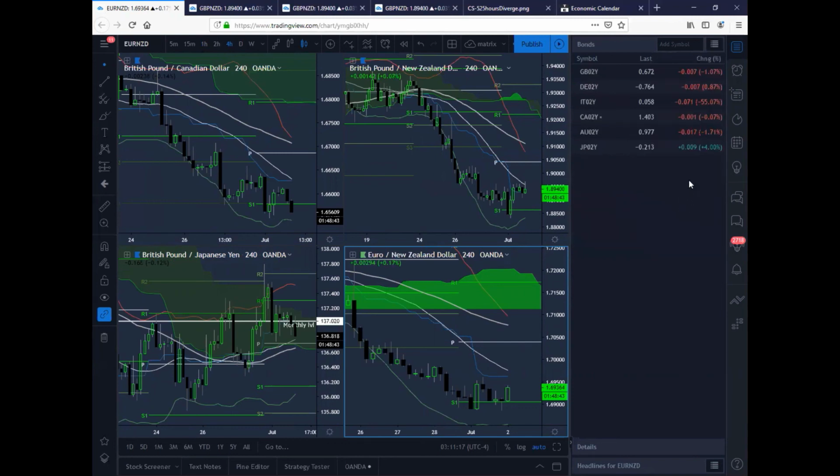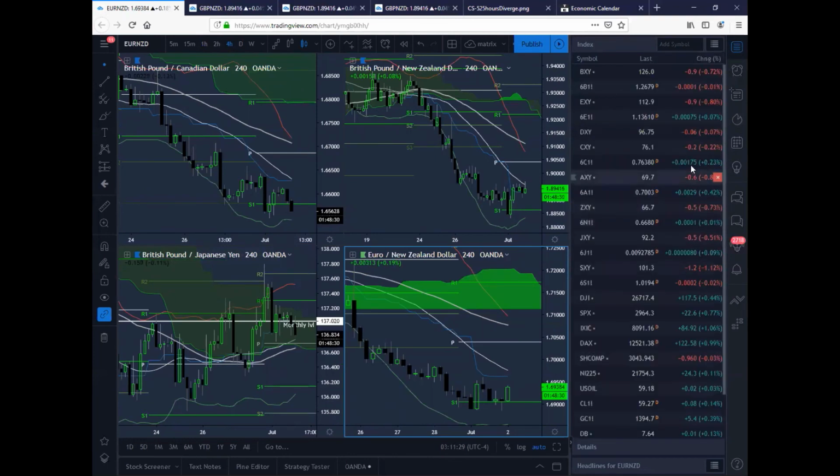Look at the bonds. All right, so we got some shorting going in there. Index. All right. 72% down, 0.02%.